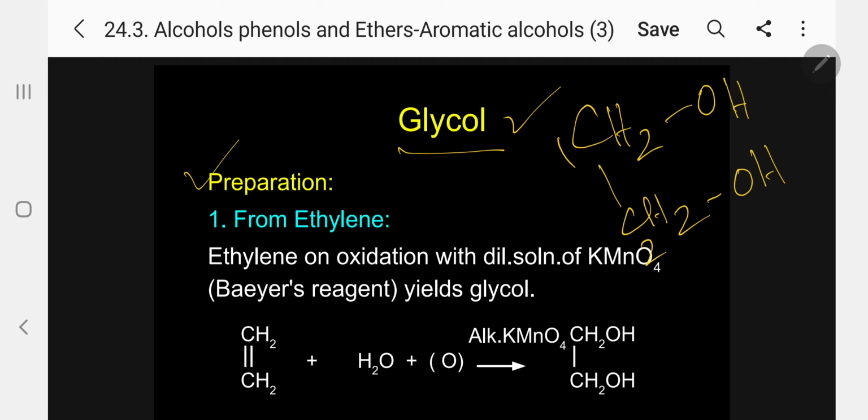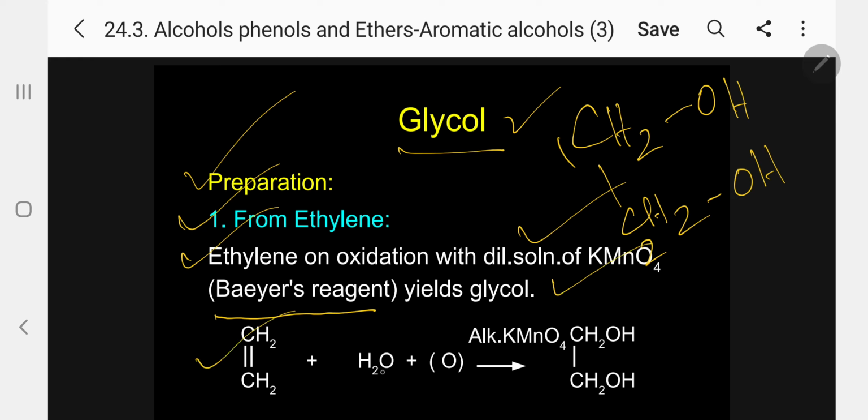Okay, let me discuss preparation first. What are the methods available to prepare glycol? From ethylene, I can prepare glycol. Ethylene on oxidation with a dilute solution of potassium permanganate, which is known as Bayer's reagent, yields glycol.